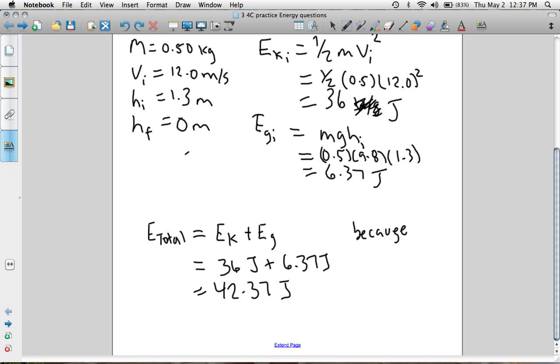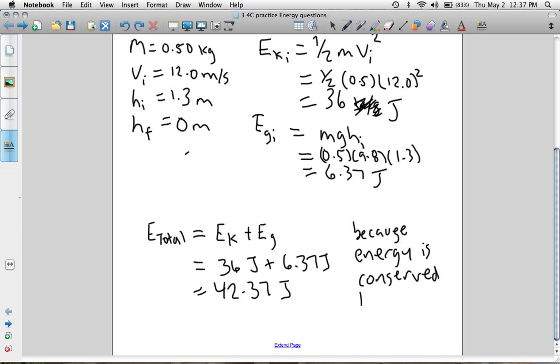Because energy is conserved. Again, if I asked you this on the test tomorrow, you've got to tell me what the law of conservation of energy says. It says that energy is not created or destroyed, it merely is converted, and total energy is constant at all points in a system.